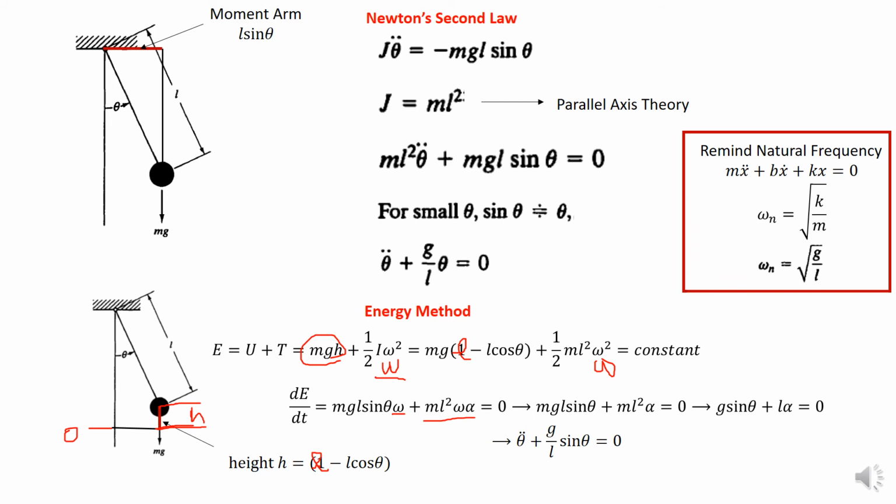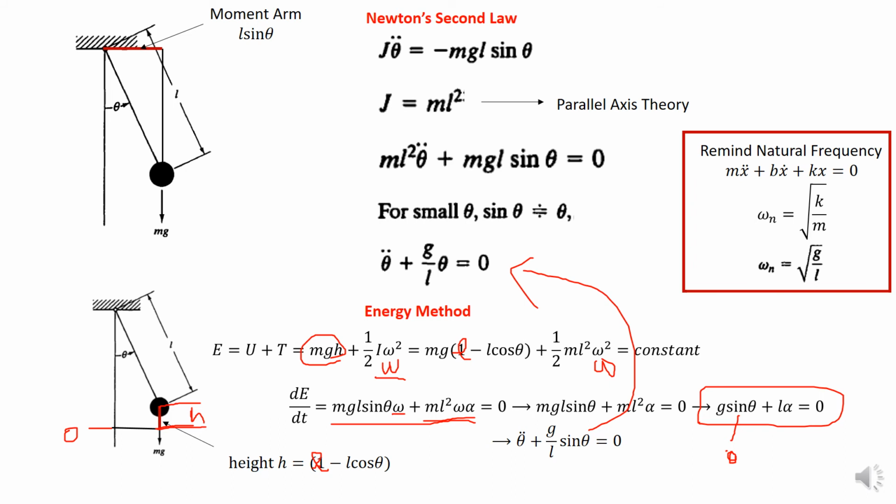This is not alpha, it should be omega. I will correct the name. So if this is omega, this will become mL2 omega multiplied by alpha. So when we try to reduce it, m can cancel, and one L can cancel. So it will become this term.